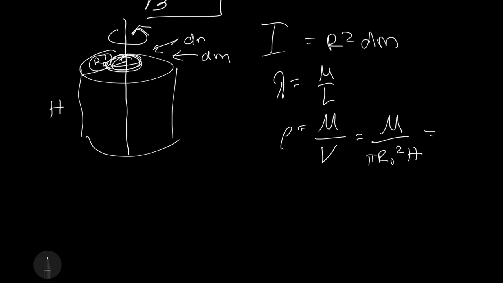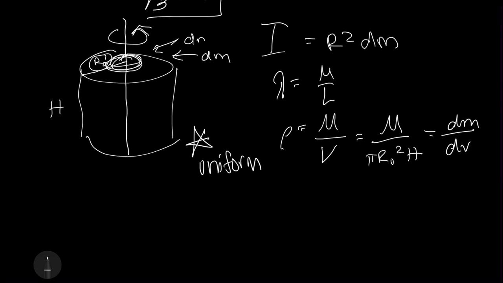And once again, another thing to note, the density in this case is uniform, which means we can turn it into dm over dv. Now, we need to change this dm in this integral right here, so we need to get dm in terms of dv.